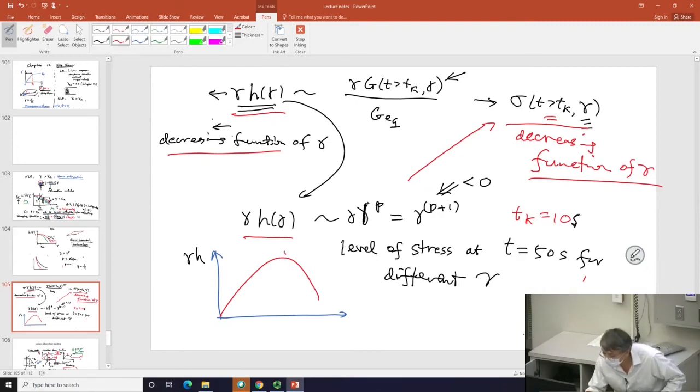Because after some point, it will start to decrease. And think about the meaning of h times gamma. The meaning of h times gamma is stress, for different gammas. What do you mean by passing the dashed vertical line? Translate now. What does this point mean, relative to this point?